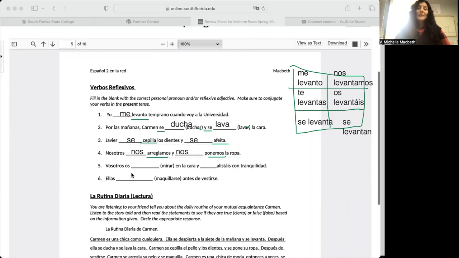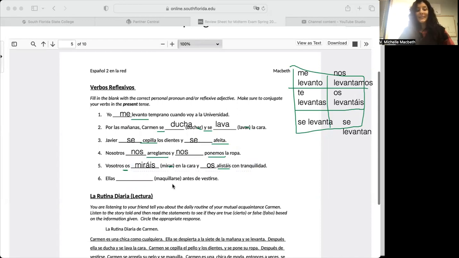Okay, so here we have the pronoun. Here, we have it here. But we don't have it here, and here we have a verb. So it kind of switched around. So first we're going to take off the AR and conjugate this verb. So we have miráis, right? But then we're still missing a pronoun over here, so we need an os, right?